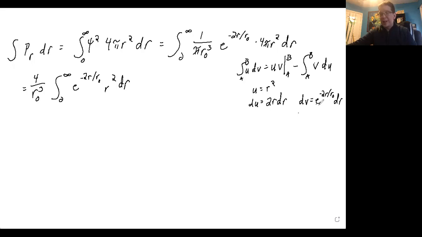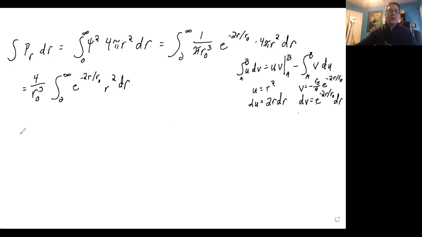If we were taking the derivative, you'd be multiplying by negative 2 over r naught. But because we're integrating, v is equal to negative r naught over 2 times e to the negative 2r over r naught. So that's the value of v that we're working with. And so you take the derivative of that, you get back this.